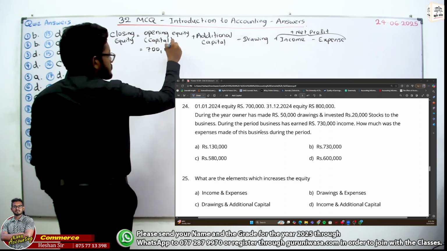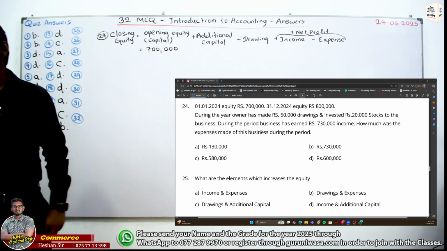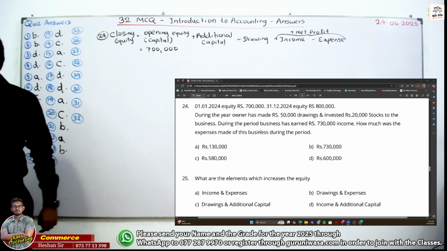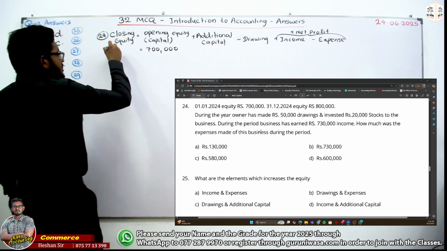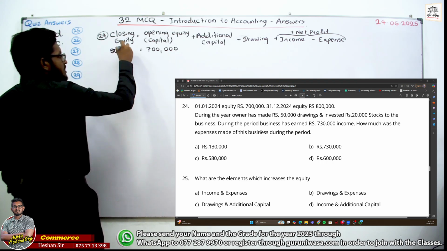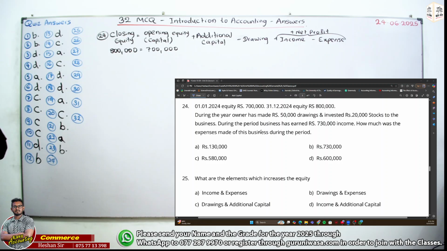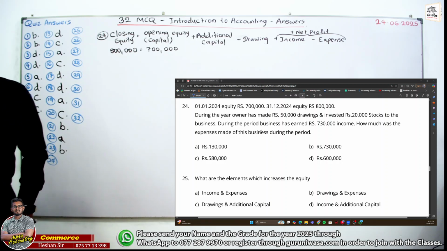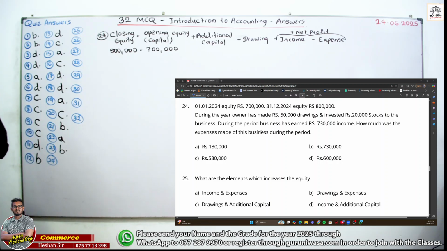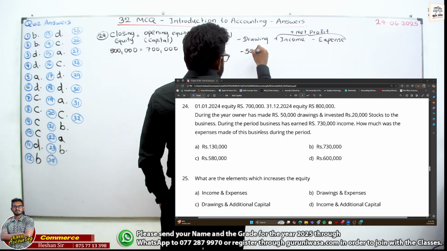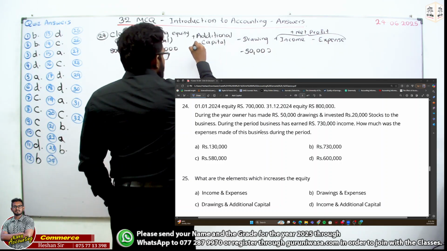Then they have given you 31st December 2024, equity 800,000, closing equity 800,000. During the year, owner has made 50,000 drawings and invested 20,000 stocks to the business. Drawings 50,000. Additional capital 20,000.